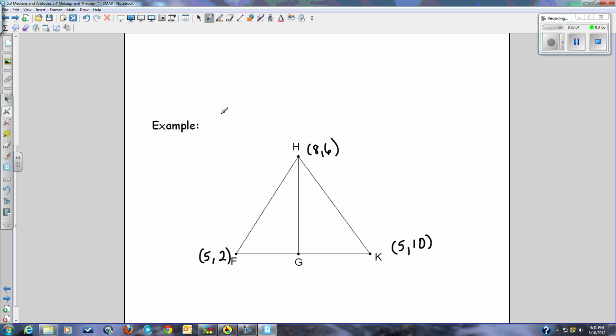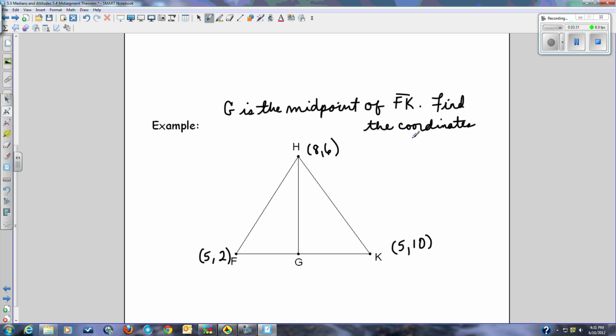I'm going to tell you that G is the midpoint of segment FK, and I'd like you to find the coordinates of G. So we're going to have to find the midpoint.